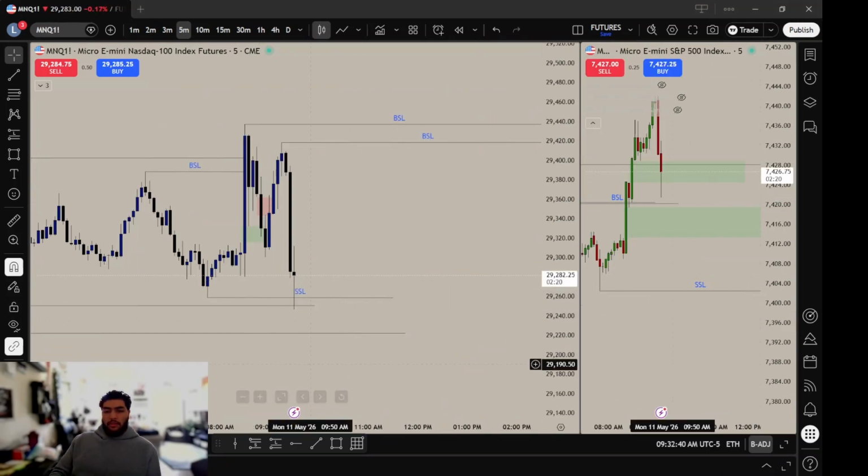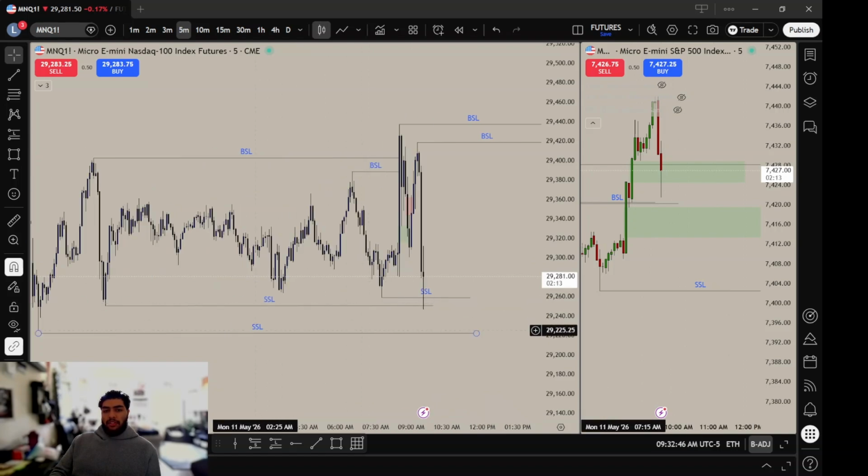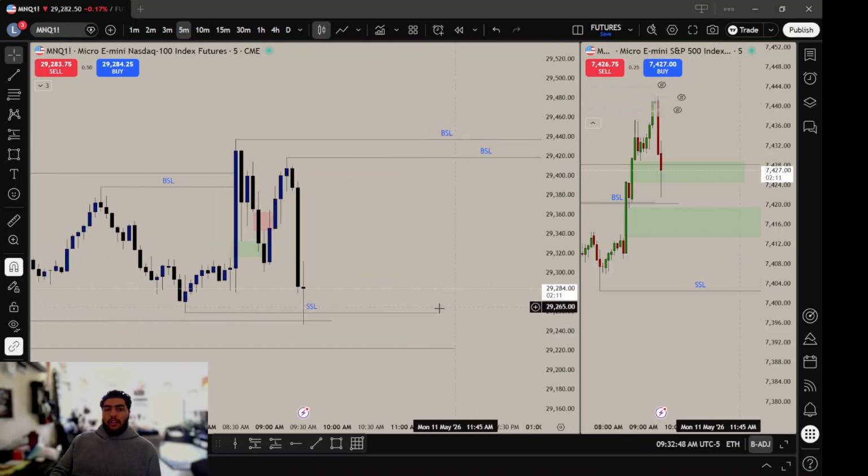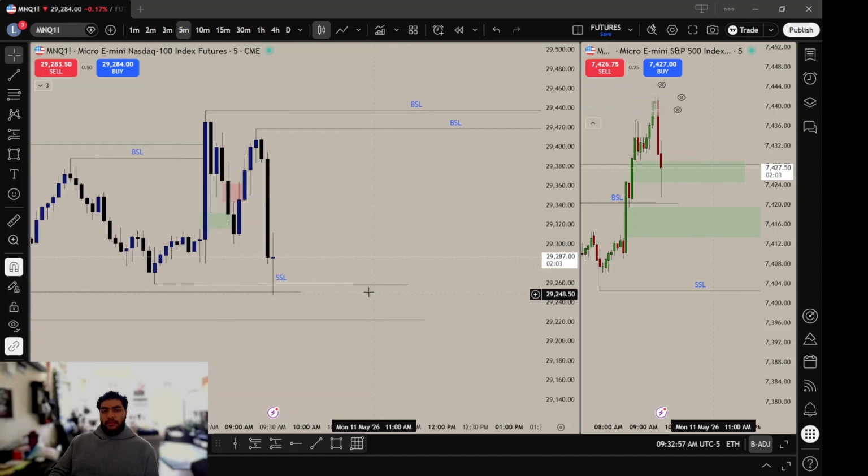All right, let me tell you where I want this to close. So if this body could close down below these, obviously took out both these sell side liquidities right here. If this body could close below that or keep going lower, and then create a fair value gap right here, that would be amazing. Because if we create a fair value gap right here and then respect or disrespect that, we could aim for up here.